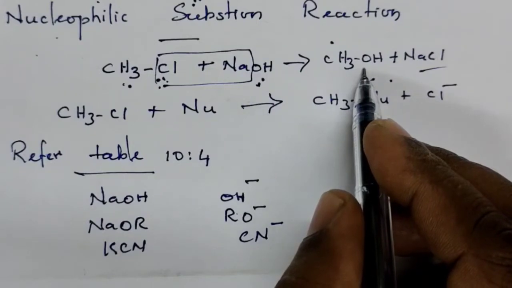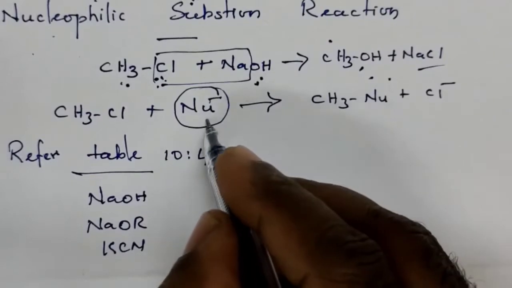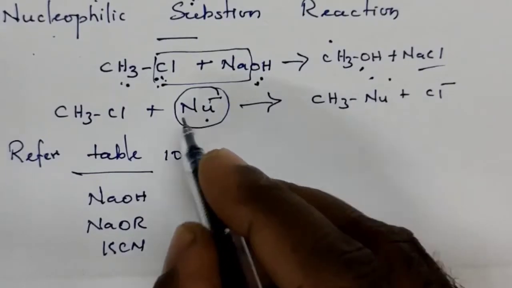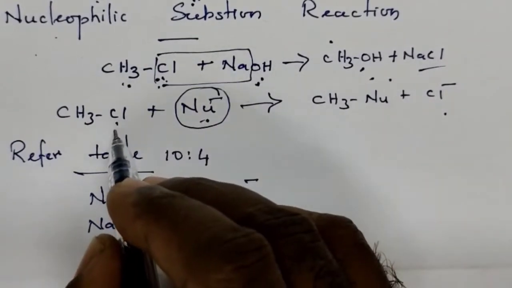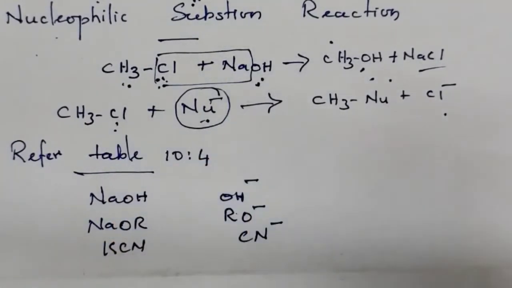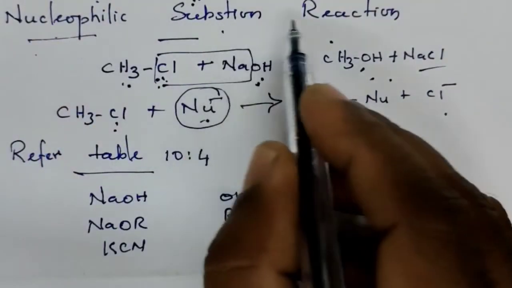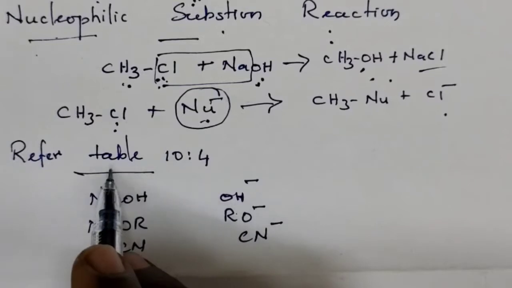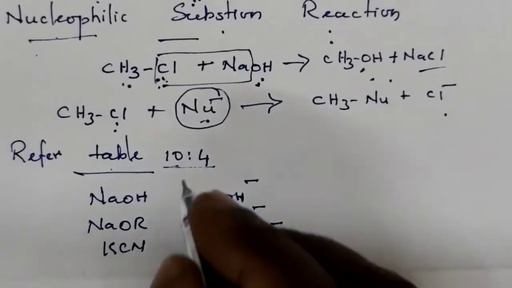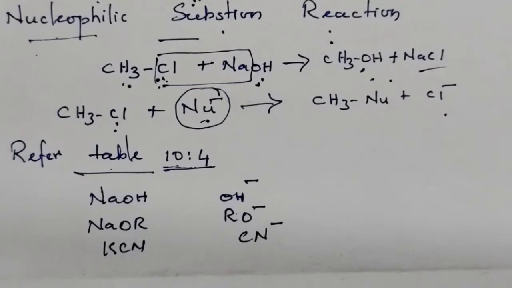Suppose the substitution reaction is initiated by a nucleophile: the leaving group leaves and the nucleophile occupies the position. Then that substitution reaction is called nucleophilic substitution reaction. In your NCERT class 12 chemistry part 2 textbook, if you refer to table 10.4, some reagents are given in one column.